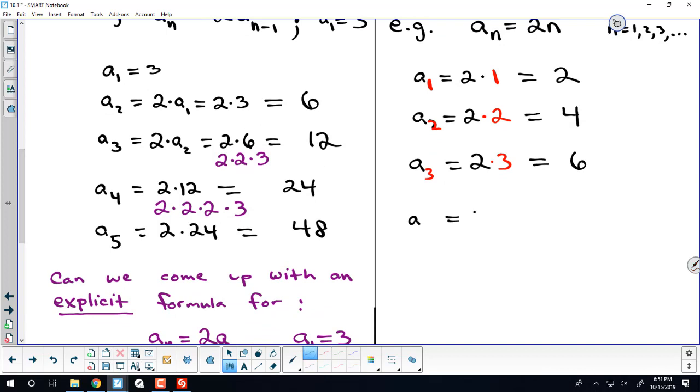A sub 4, 2 times 4. And a sub 5, 2 times 5.